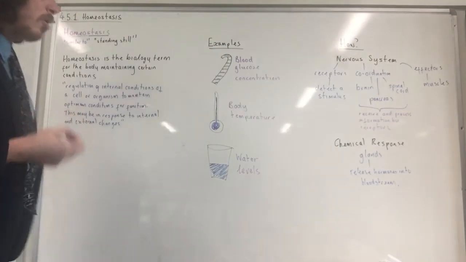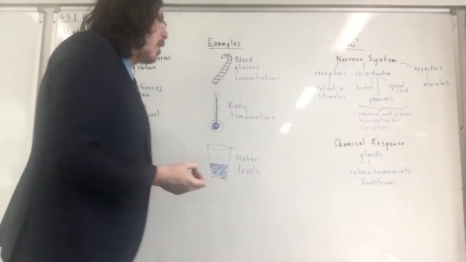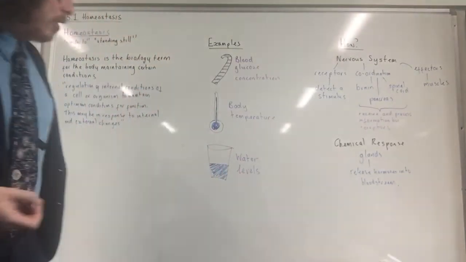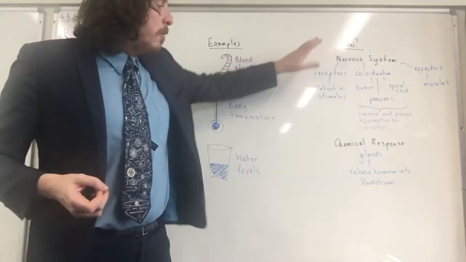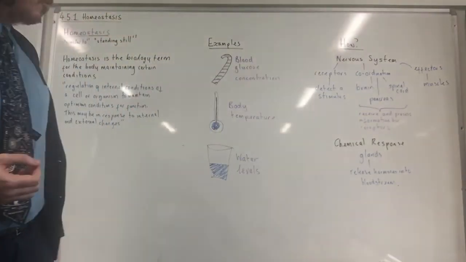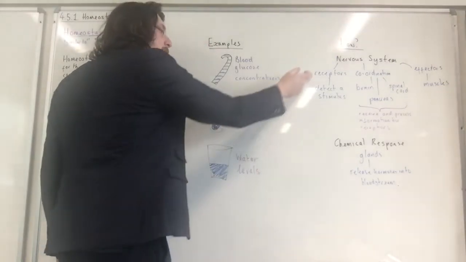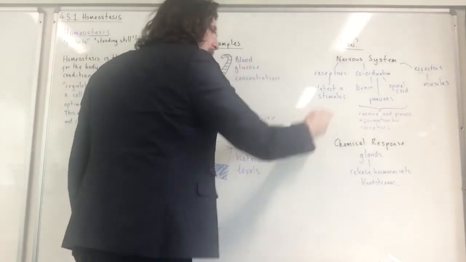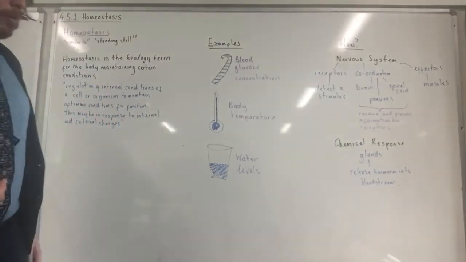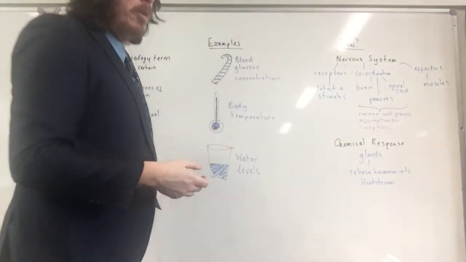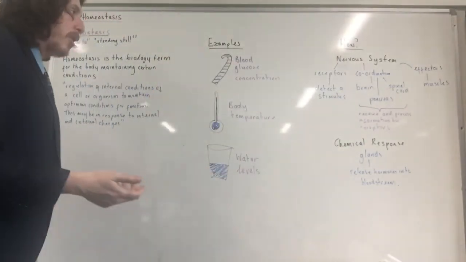So how does homeostasis happen? Homeostasis happens using the nervous system and using chemical responses. So, we've had a look at the reflex arc previously. There are receptors. Receptors are there to detect stimuli, so, for example, changes in the environment or the amount of water that is in the body.